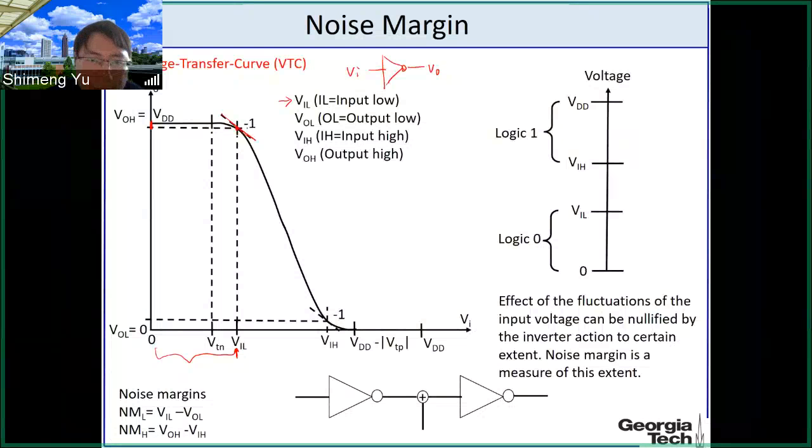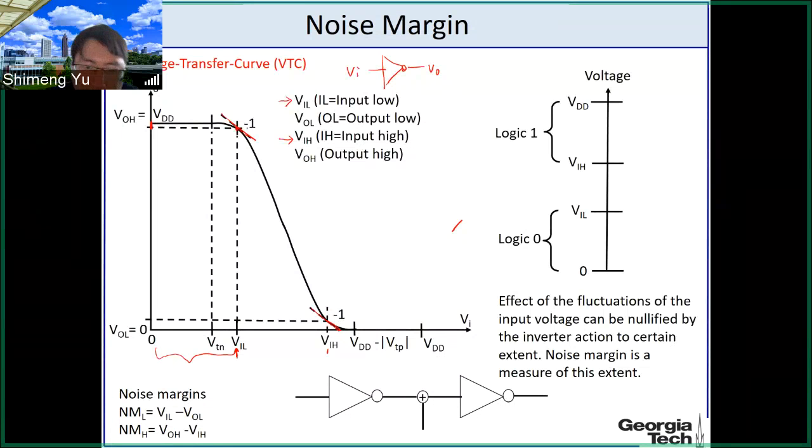Similarly, we can define the input high, VIH, that is here, with the same slope, -1. So we can have the VIH.